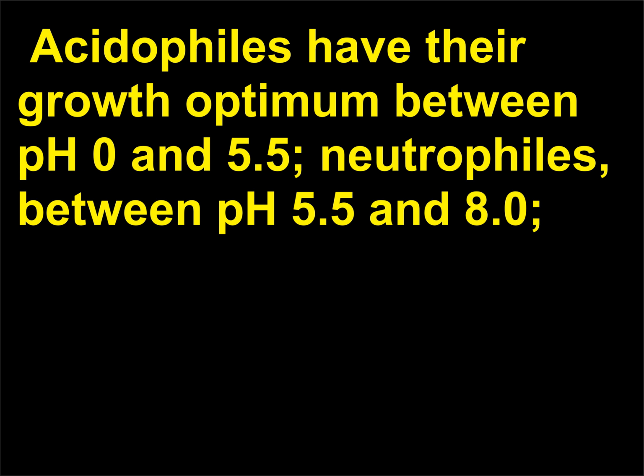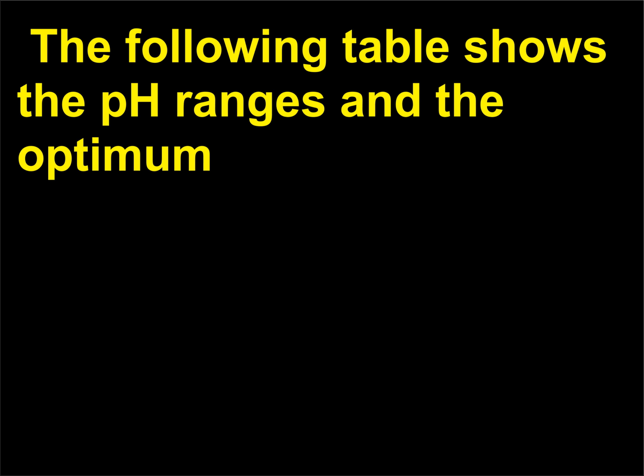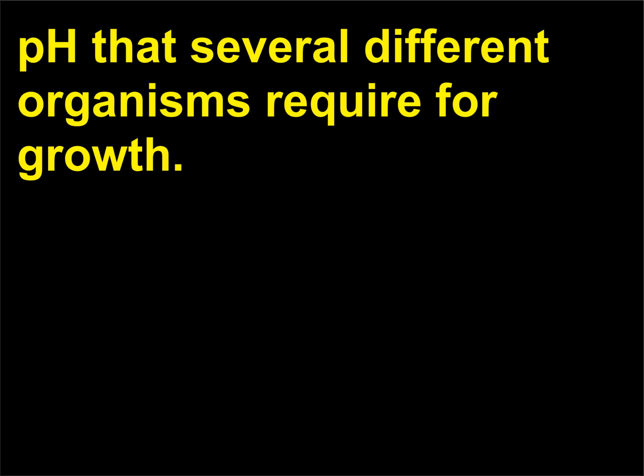Acidophiles have their growth optimum between pH 0 and 5.5, neutrophils between pH 5.5 and 8.0, and alkalophiles prefer the pH range of 8.5 to 11.5. Extreme alkalophiles have optimum growth at pH 10 or higher. The following table shows the pH ranges and the optimum pH that several different organisms require for growth.